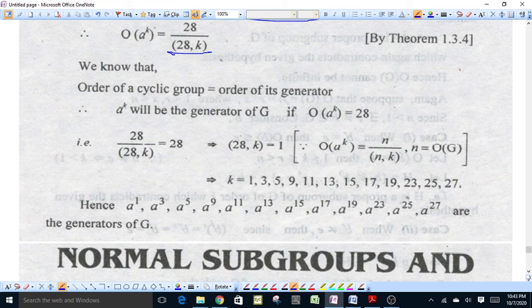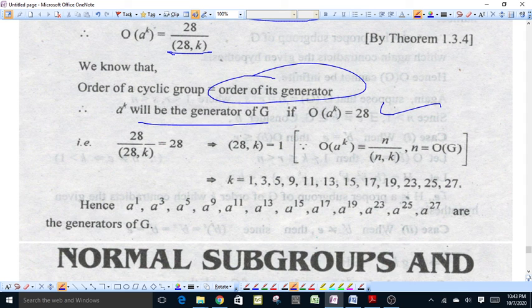Also, we know that the order of a cyclic group is equal to the order of its generator. Therefore, if a raised to power k is a generator of G, the order of a raised to power k will be equal to 18. This means 18 upon GCD of 18 and k is equal to 18. This means GCD of 18 and k is equal to 1.